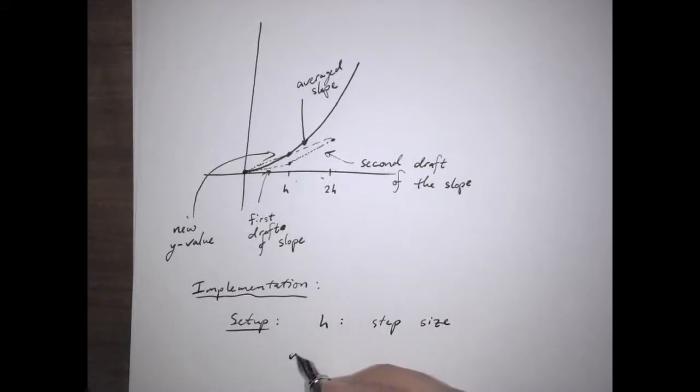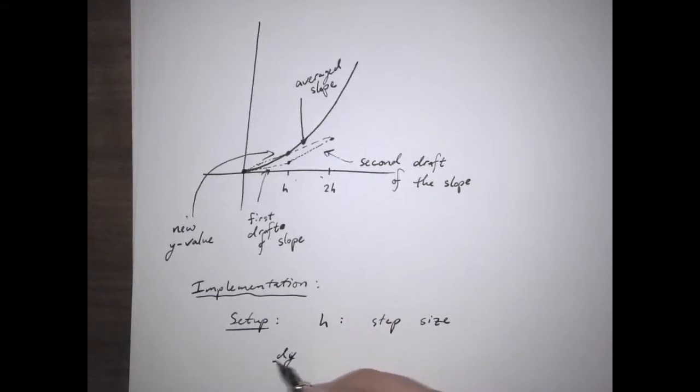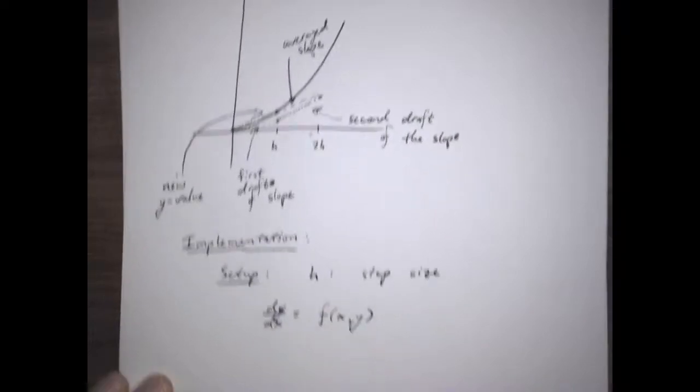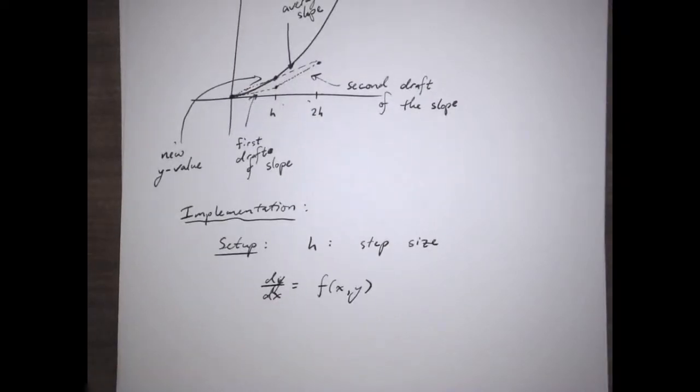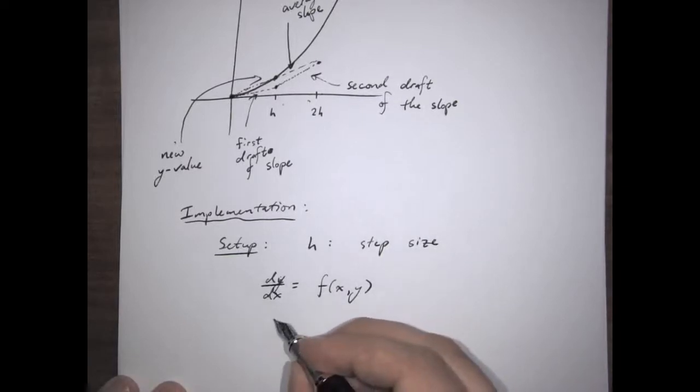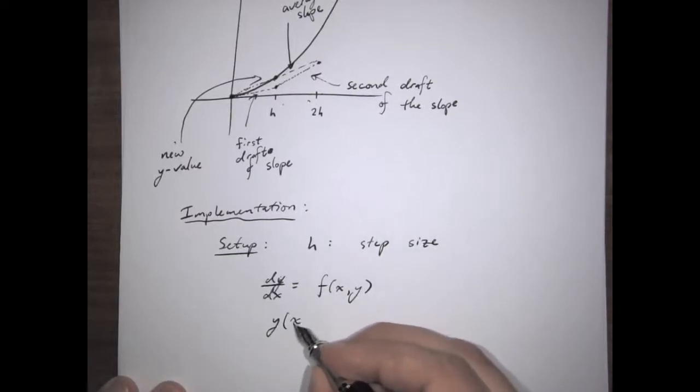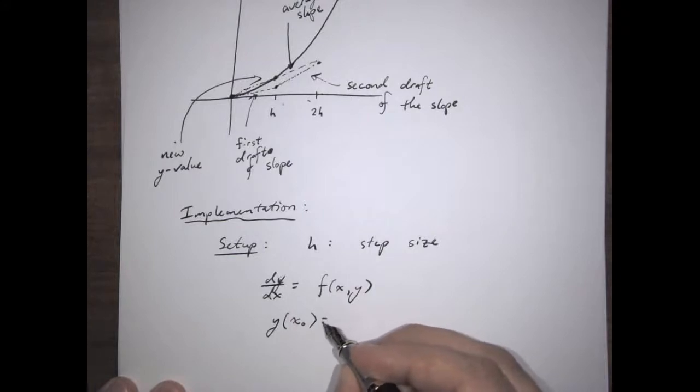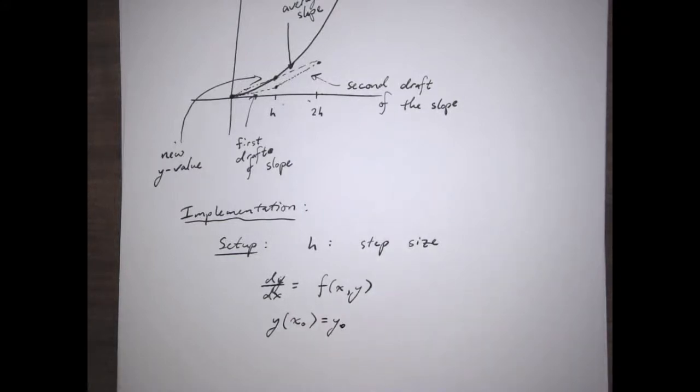We need dy/dx equal to f of x, y, so a first order ordinary differential equation, and we need an initial condition, y of x naught equals y naught.